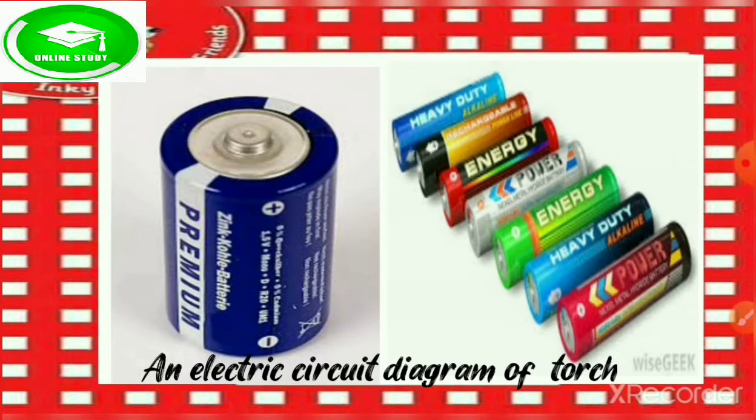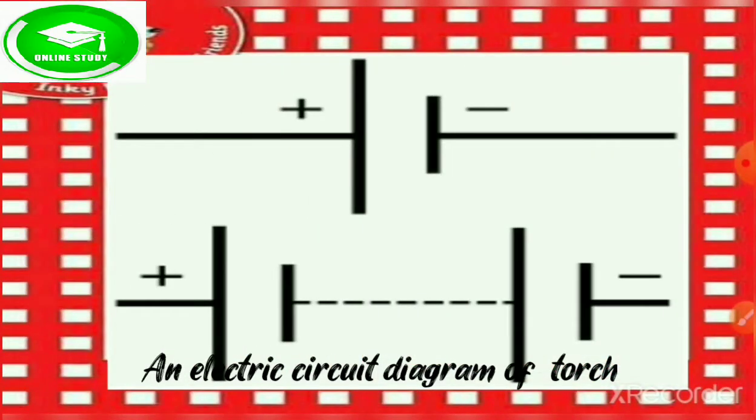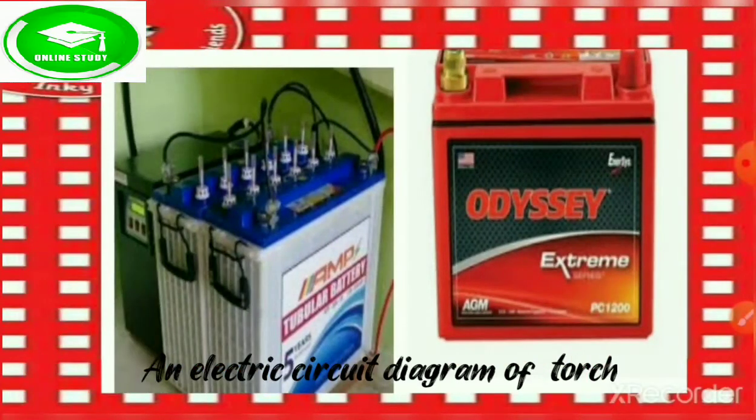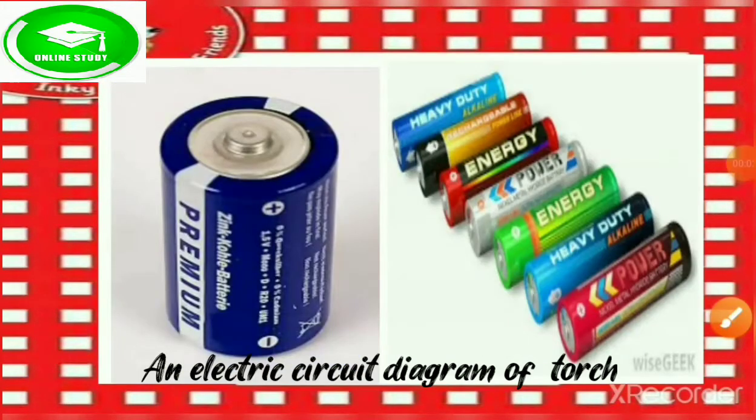And also, children, we know that an electric torch has two or more electric cells. Here you can see the battery of a car. This type of battery is used in vehicles. Even in a torch, positive and negative terminals are marked.